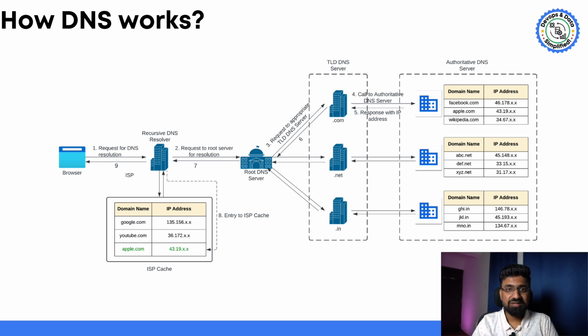Next, the TLD server directs the query to the authoritative DNS server. Now this is the DNS server where the mapping of your domain to your IP address resides, and it returns an IP address for the domain that you have. And once the resolver has the IP address, it caches it for future use, reducing the time needed for subsequent requests.